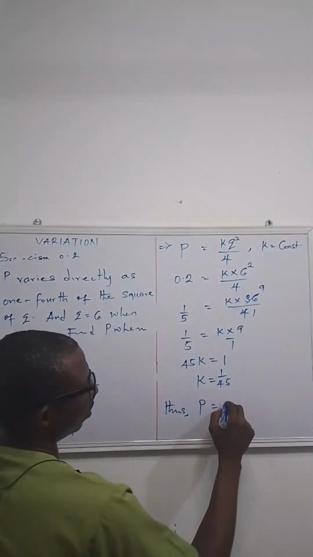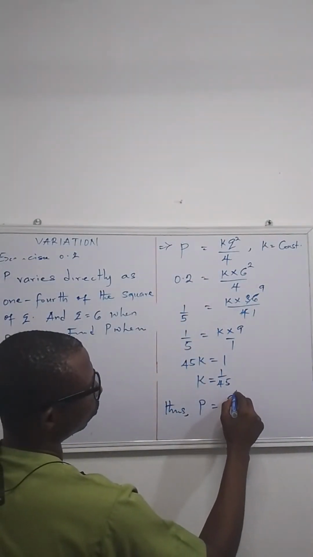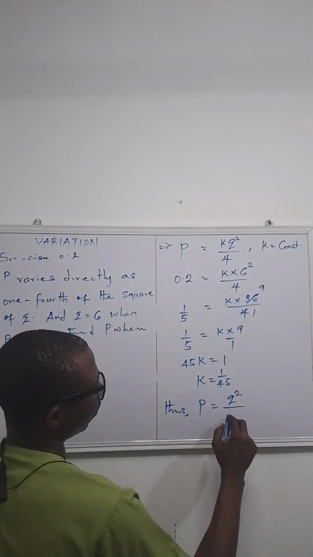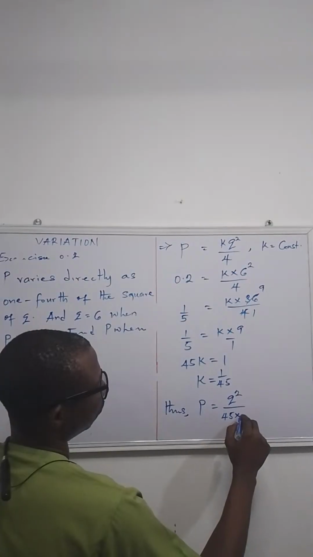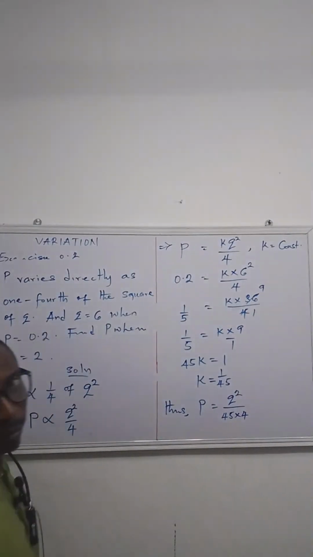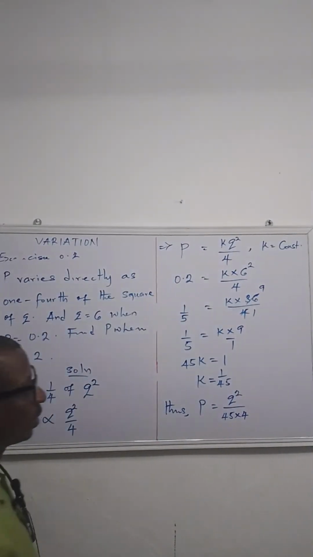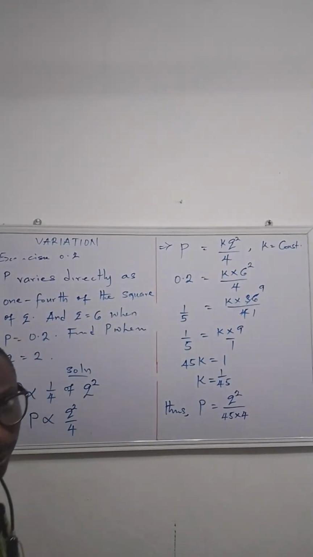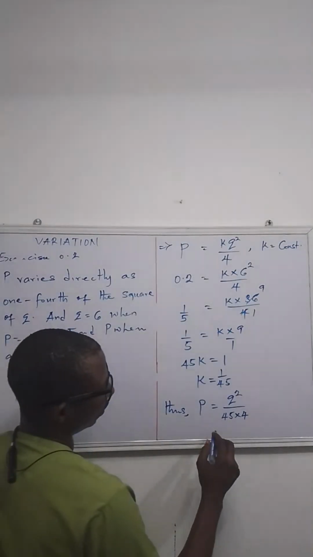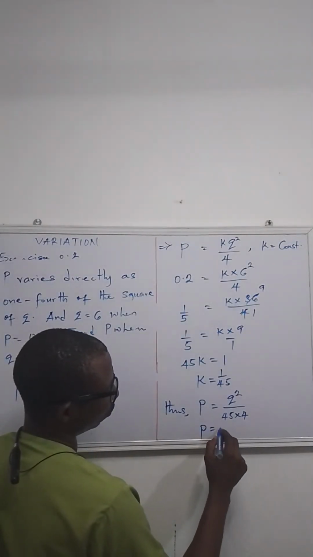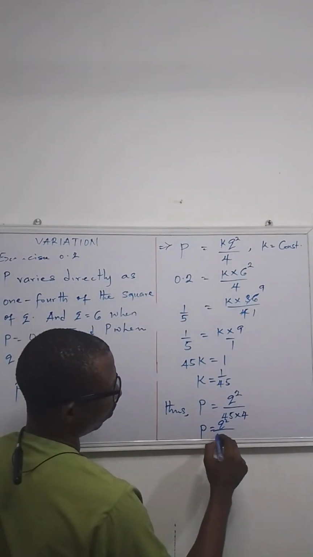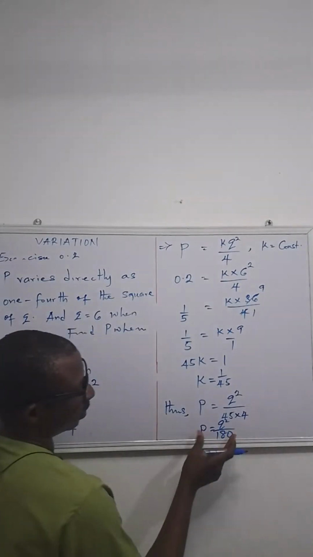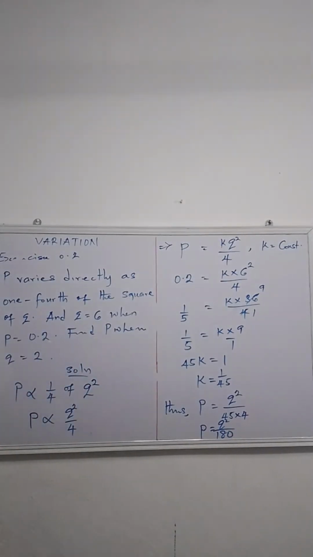So we have Q squared over 45 times 4, and when you multiply this and this together, that's 180. So I will have it as P equals Q squared over 180. So this is the connecting formula.